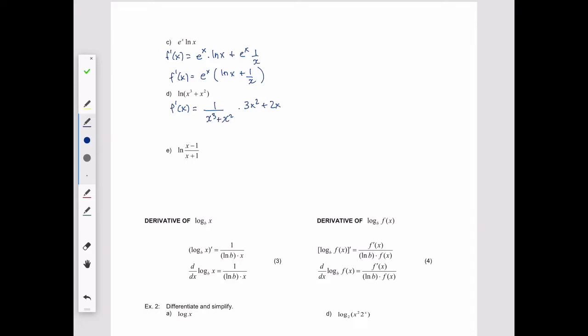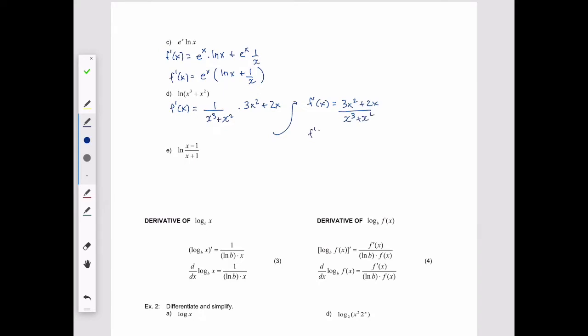And if we put this together, I ran out of space, so I'm going to put it over here again. What's going to happen is we're going to get f prime of x is equal to 3x squared plus 2x over, in the denominator, x cubed plus x squared.